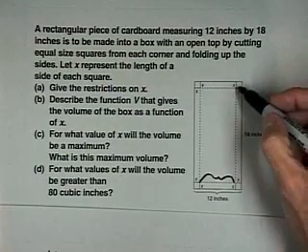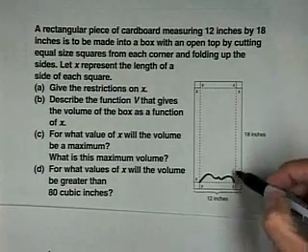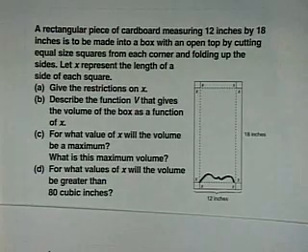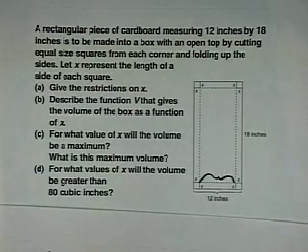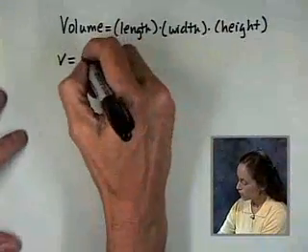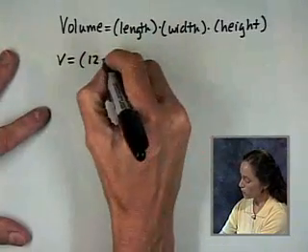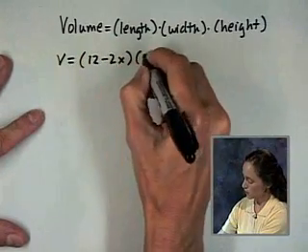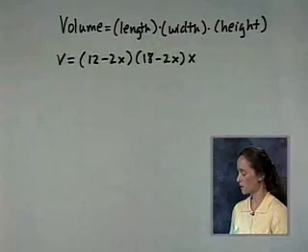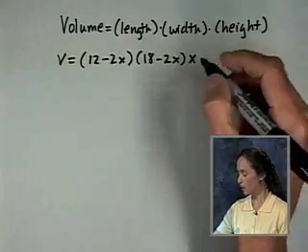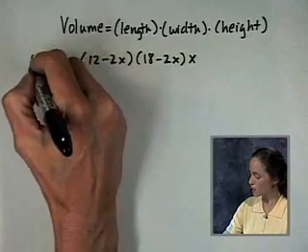In a similar way, the dimension in the other direction is 18 minus 2x. And if we fold the sides up, the height of the box is x. Let's write that down. The volume is 12 minus 2x times 18 minus 2x times x. This is the volume in terms of x, which was part B of the problem.